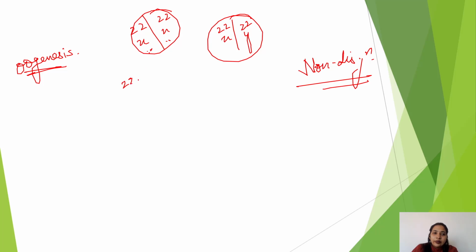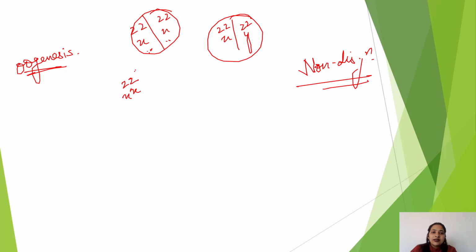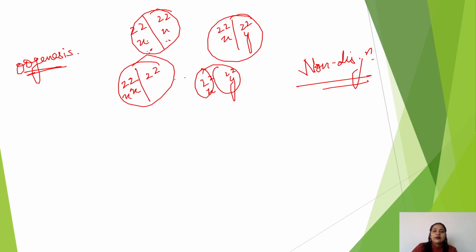That means these X chromosomes will not be separated like they happened here. Here they got separated into different cells, but in the non-disjunction case they will not separate. These X and X will not separate. So 22XX, 22 with nothing, and 22X and 22Y. This will happen, right? This is one and this is one.